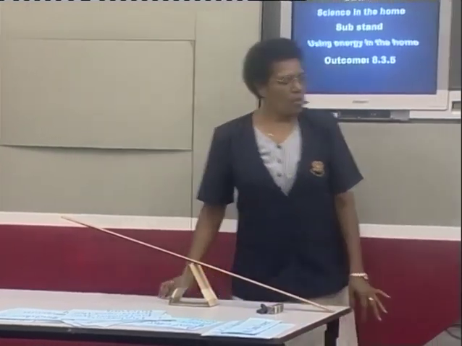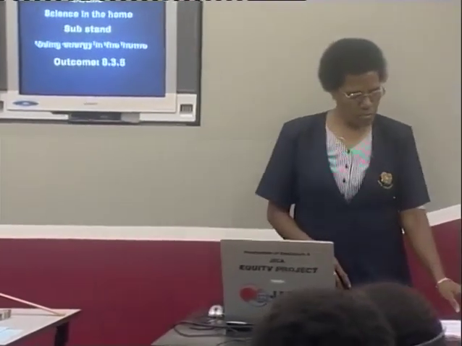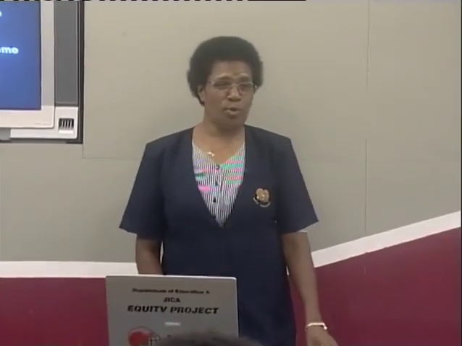Now, just like Shane has said, I already have some load on the ruler, and some more has to be put on the other side of the ruler. And once that happens, the ruler balances.